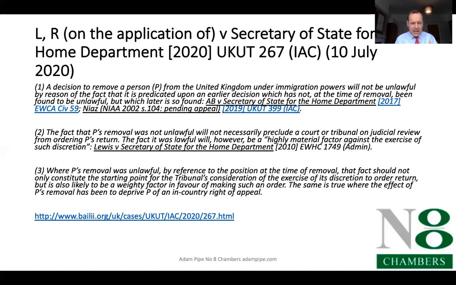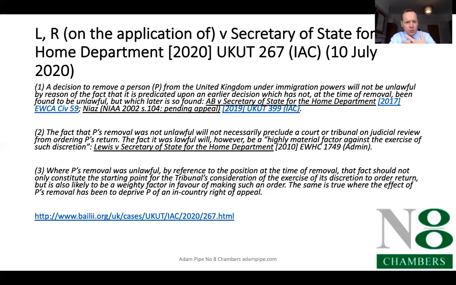And in this case, the President decided as follows: a decision to remove a person from the United Kingdom under immigration powers will not be unlawful by reason of the fact that it is predicated upon an earlier decision which has not at the time of removal been found to be unlawful, but is later so found.